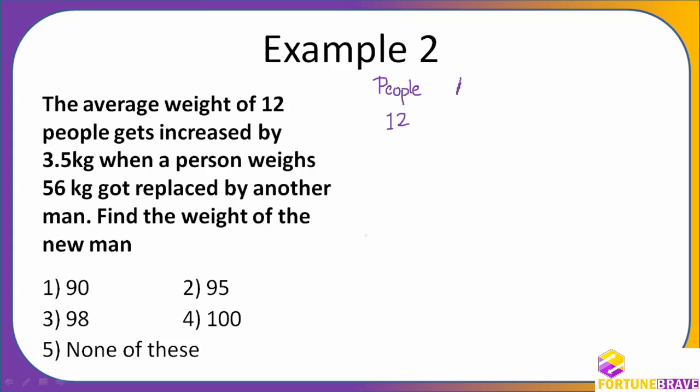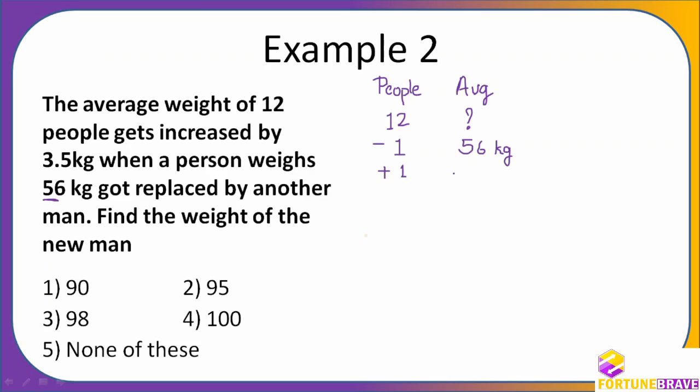And we do not know the average. But what they are saying is it gets increased by 3.5 kg when a person weighing 56 kg got replaced by another man. So now try to understand, one person goes out whose weight, not average, whose weight is 56 kg, and another person comes in who definitely has more because he is increasing the weight.